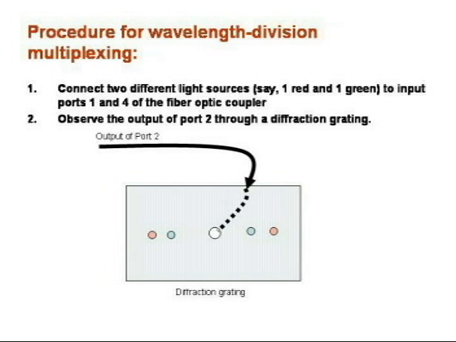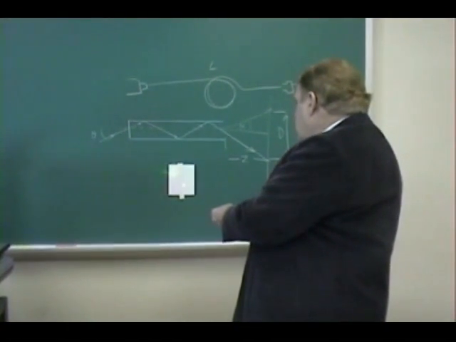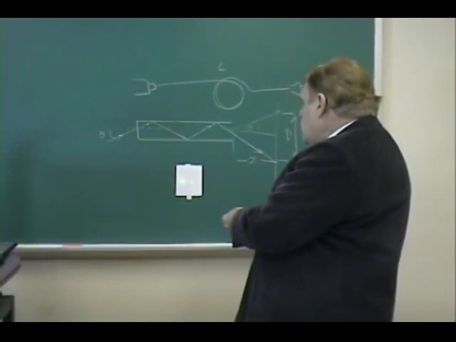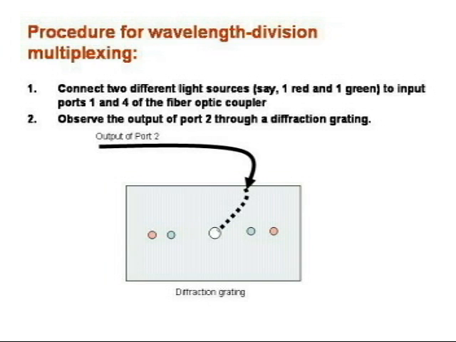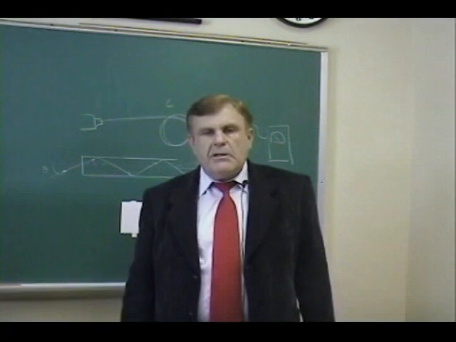We will use 2 ports, and we will send a green light and a red light into them, and then you will see how these 2 lights are combined in the outgoing output of the coupler. So you see that the outgoing fiber really channels 2 wavelengths, and to see that we will use a diffraction grating to separate them back and see that the outgoing fiber really had 2 different wavelengths. Then I will show you the actual setup.